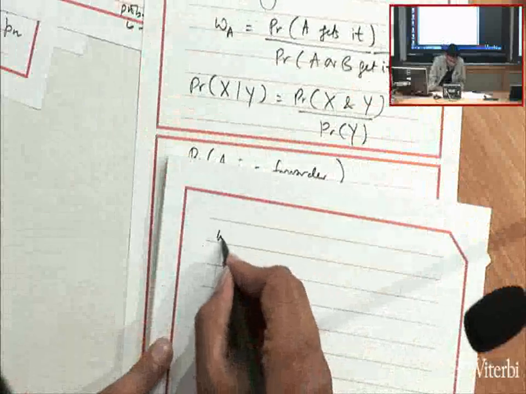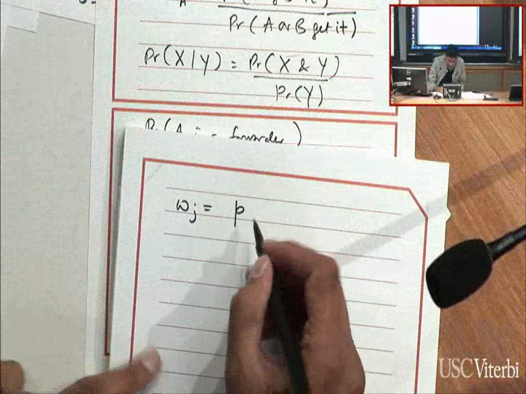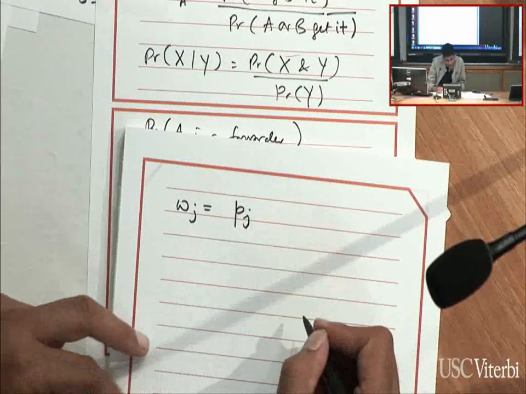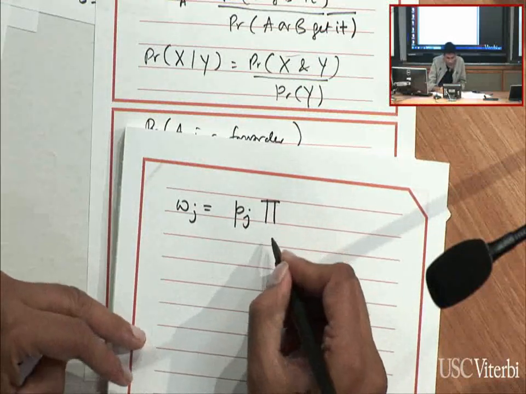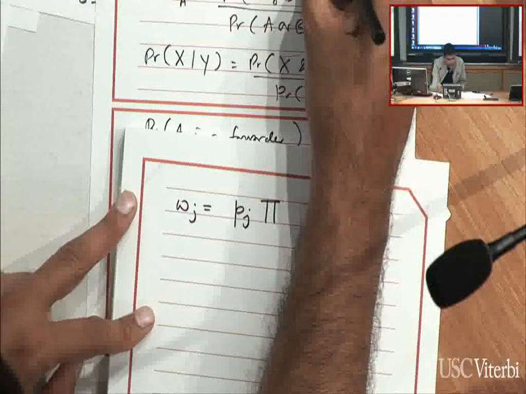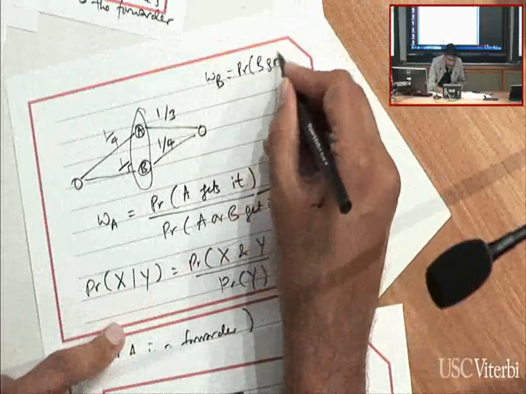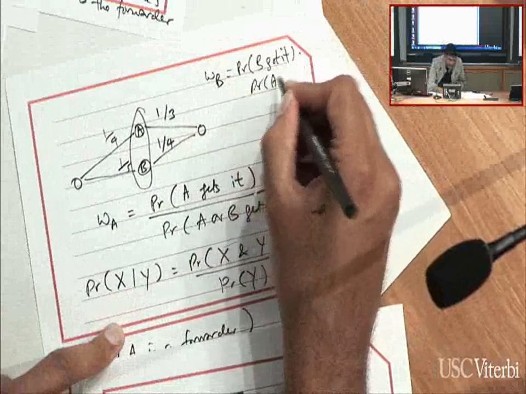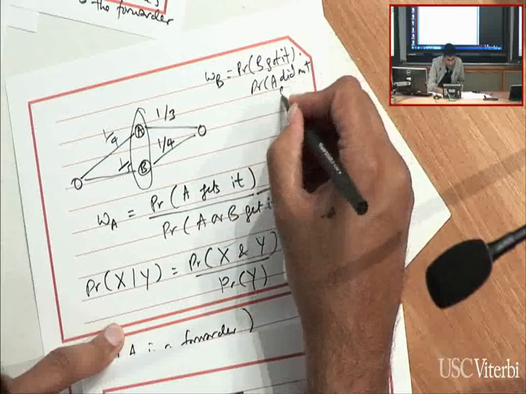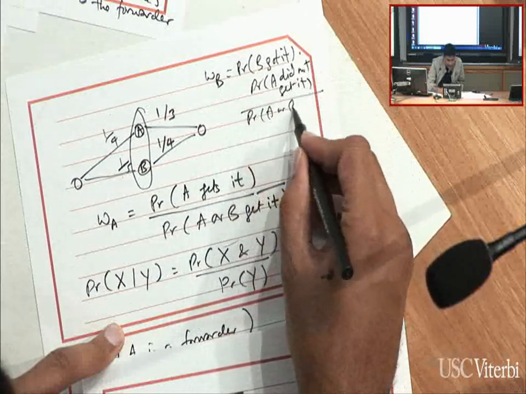So this WA, if we know the probabilities involved, could be written very generally as follows. WJ in general would be written as the probability that node J gets it and nobody higher than it gets it. If you're talking about node B, for example, it would be the probability that B got it times the probability A did not get it, divided by the probability that A or B got it.